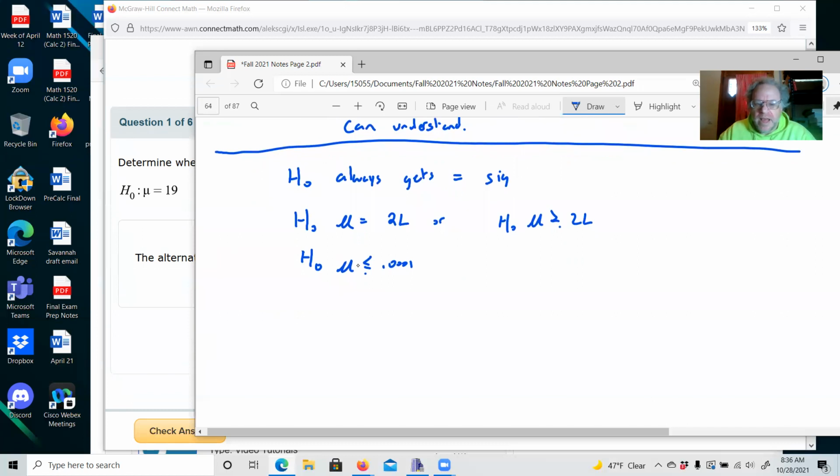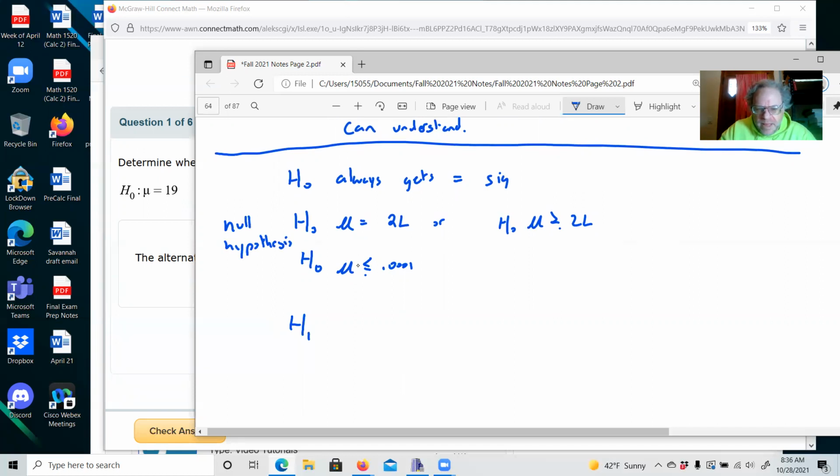And then we have our alternative hypothesis. So this is the null hypothesis, and this is the alternative. One of the things right off that I can tell you about a hypothesis is that it has to be something we can measure.